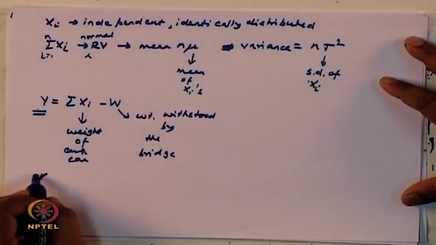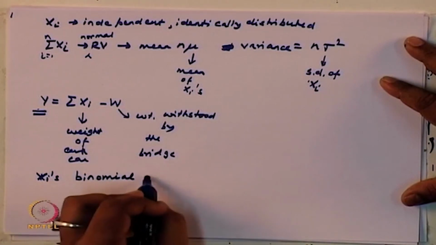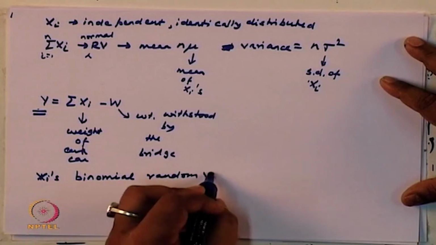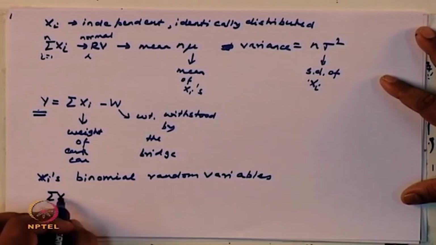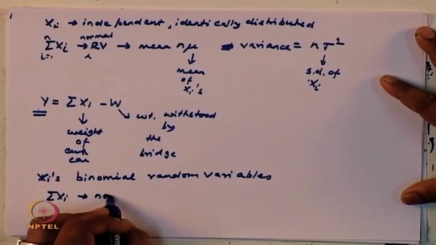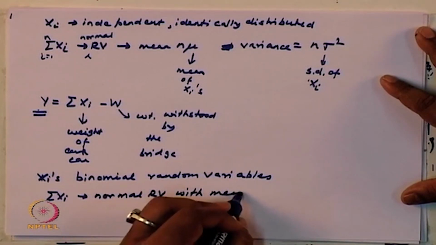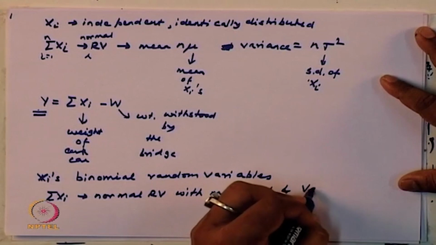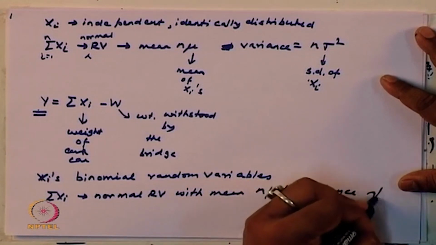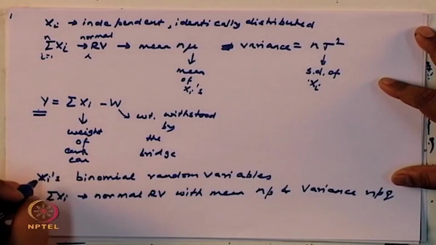So, one thing we had discussed in last class was, for binomial, if xi's were binomial random variables, then my summation xi is a normal random variable with mean n times p, and variance n p q, where p is the probability of success for the ith trial.